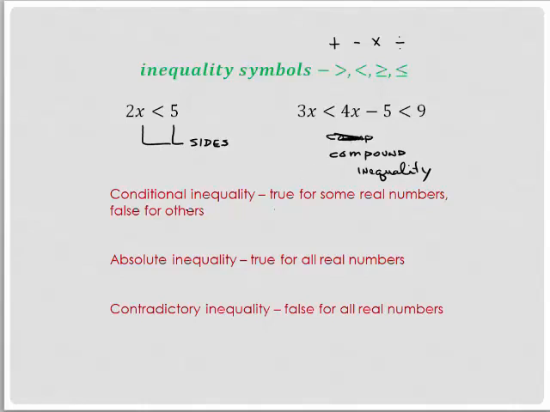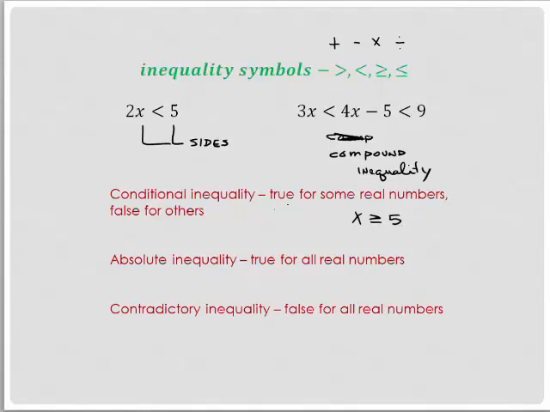Now there are three types of inequalities to look at. A conditional inequality is true for some real numbers, but false for others. Let me give you an example. How about x is greater than or equal to 5? If I use any number 5 and above, such as a 6, it's greater than 5.